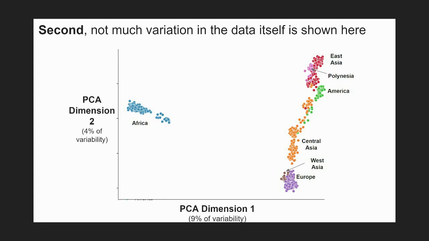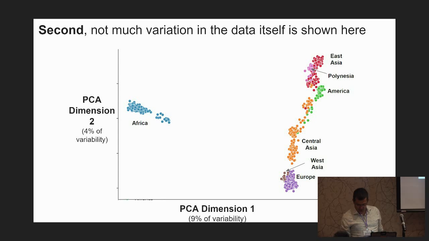And while they're showing visually there's this big gap between the left and the right group, there's actually not that much variation there, because it's only 9% of the variability in the data set that is being represented by that x-axis.